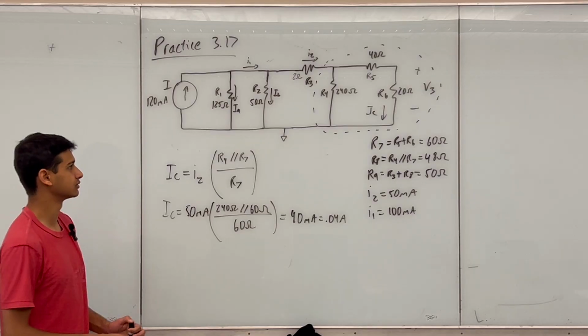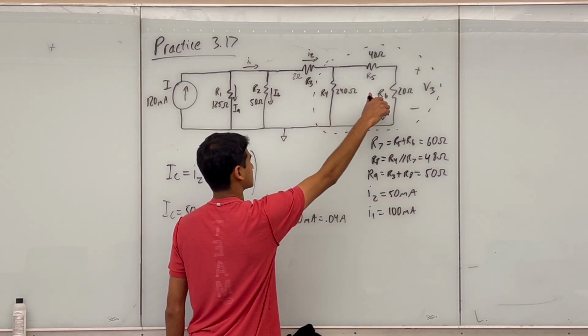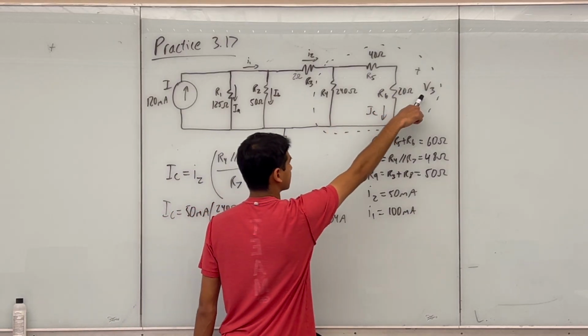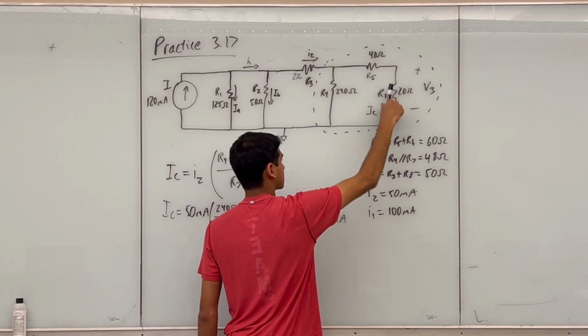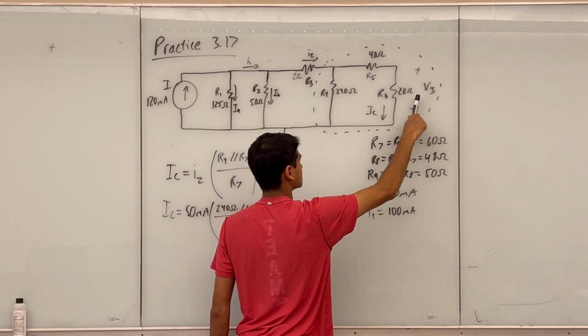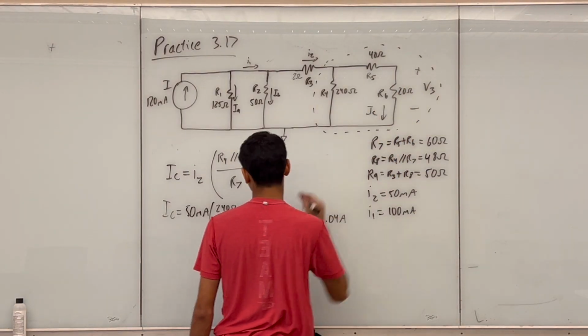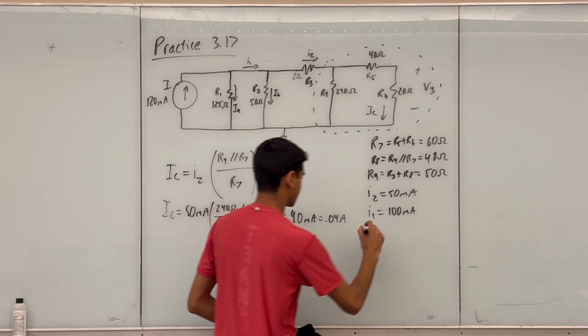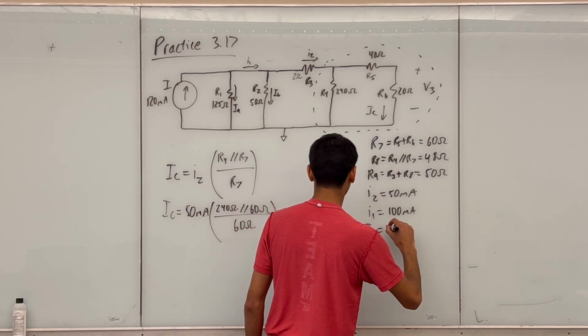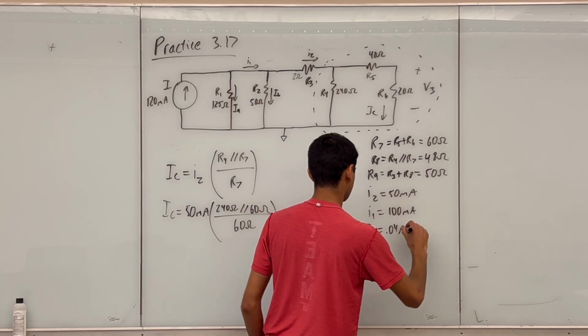And the next thing I can do is, since I have this current IC, I can just use Ohm's law to find V3. Because for this resistor R6, I have a current IC, I have a voltage V3, and I have a resistor R6. So if I erase all this, I'll write out first here that IC equals 0.04 amps.